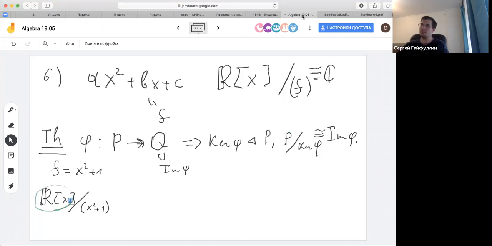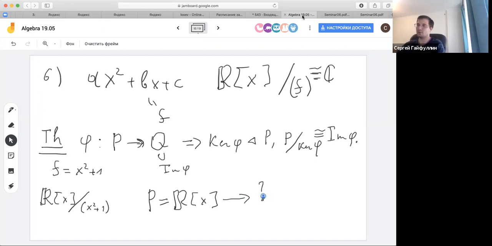The kernel should be the ideal of x squared plus 1, all polynomials which are divisible by x squared plus 1.